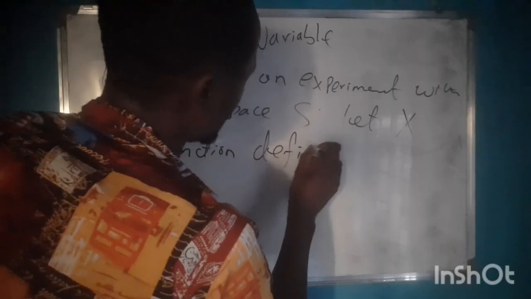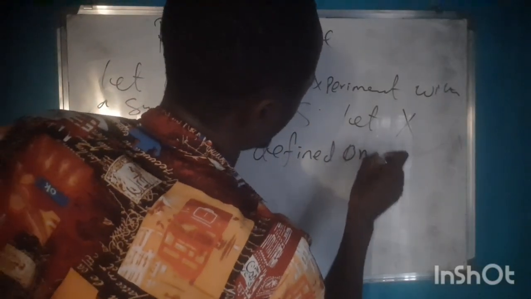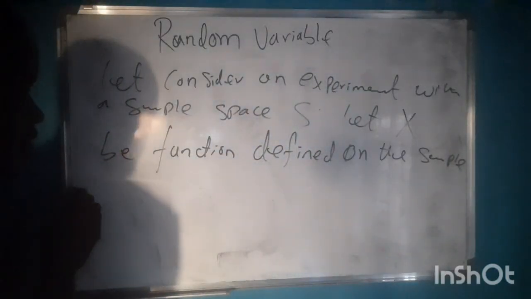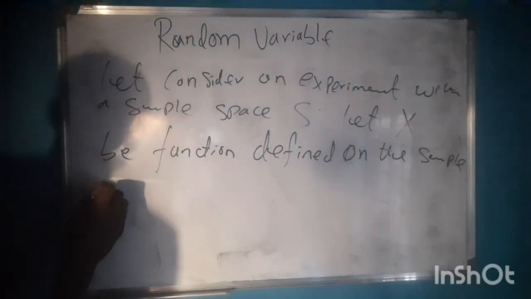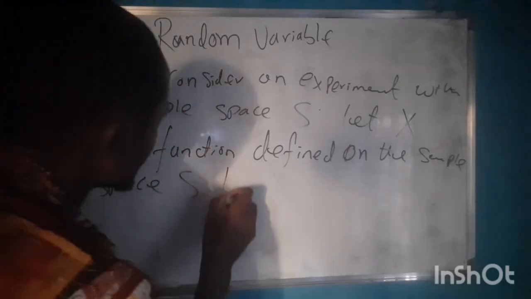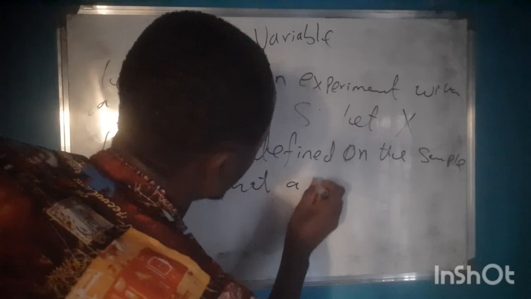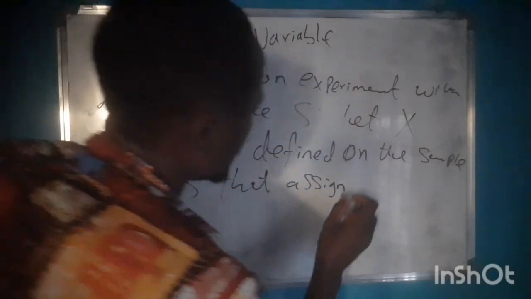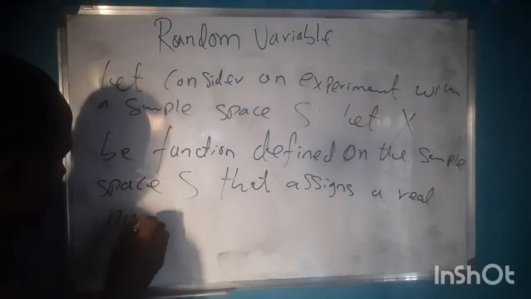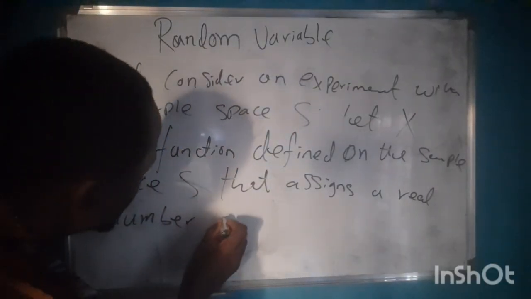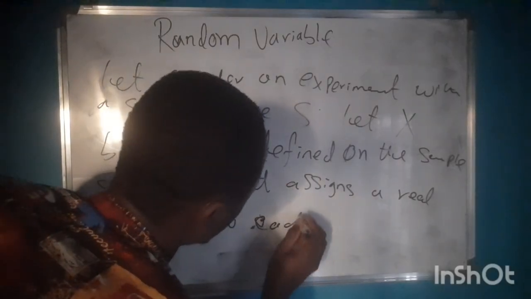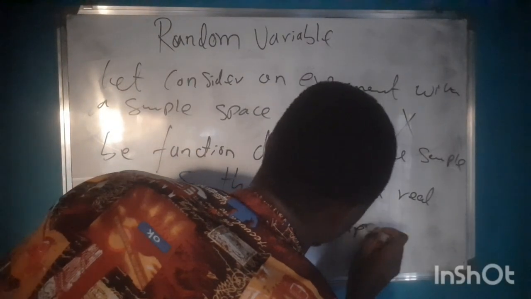Now, let's consider an experiment with a sample space S, and let X, capital X, be a function defined on the sample space S that assigns a real number to each sample point.